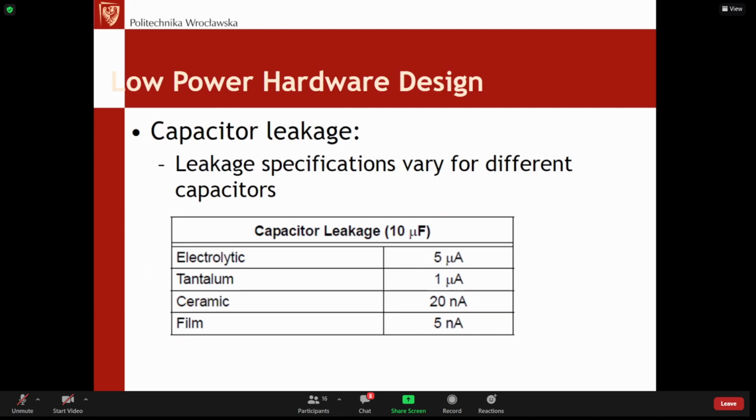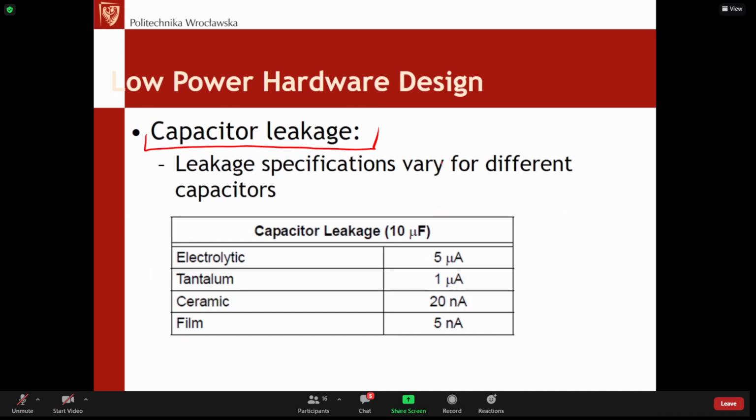First, and very important when designing hardware around the microcontroller, is capacitor leakage. The value of the leakage really depends on the technology of the capacitor, and in normal circuitry we don't care about the leakage, because we talk about microwatts here, something we are not really interested in.